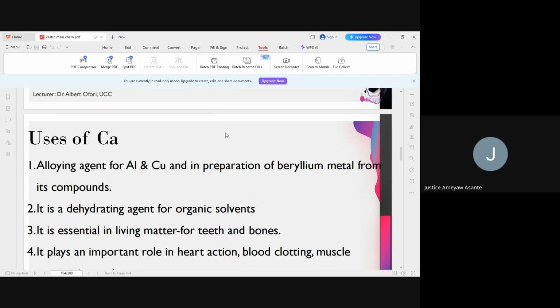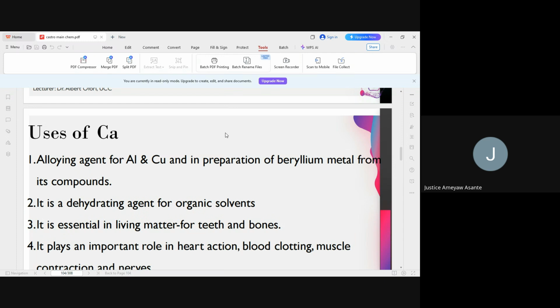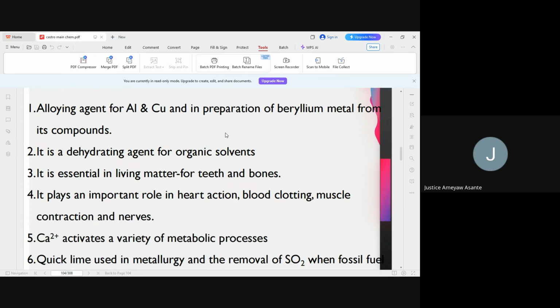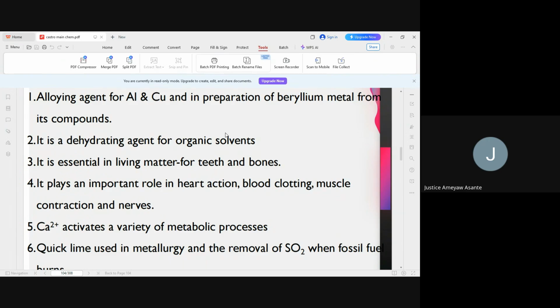So what do you use calcium for? We now know its importance. It is used in the preparation of beryllium metal. It is a dehydrating agent for organic solvents.